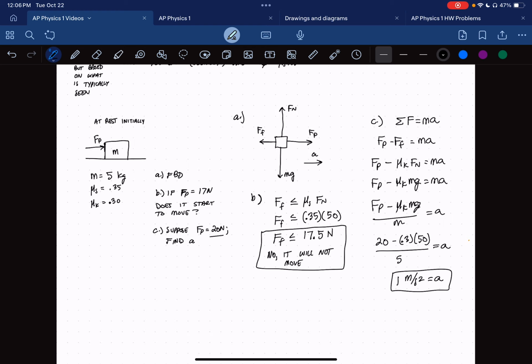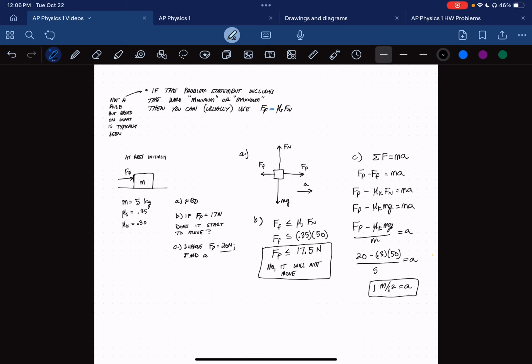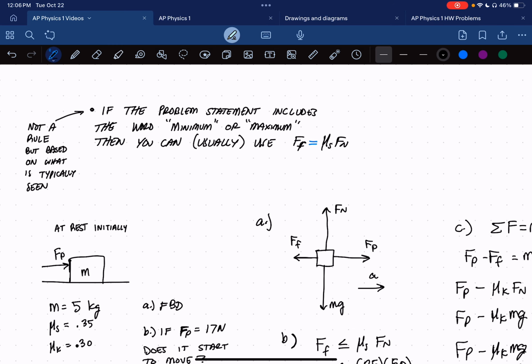Cool. So that's just a quick run through of friction. And now we come back to this one here. So if we're asking for what is the minimum amount of force to get the object to move, or what is the maximum amount of static friction, sometimes we can just use it like this.